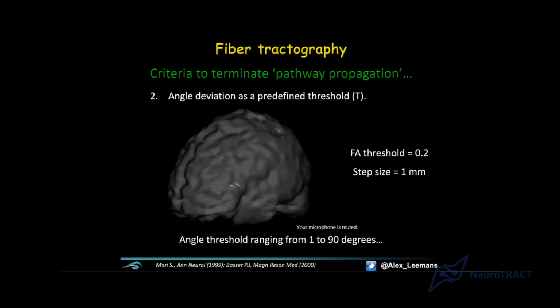So if my consecutive segment deviates more than 1 degree, stop tracking. Well, it's very stringent, very conservative, and so if this angle threshold is too low, again, you'll have a lot of false negatives. You'll be missing a lot of parts of pathways because your tractography is ended too soon.